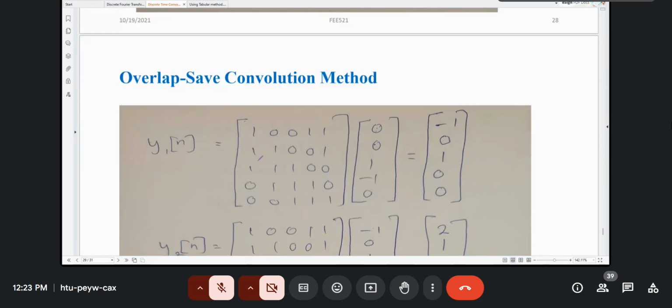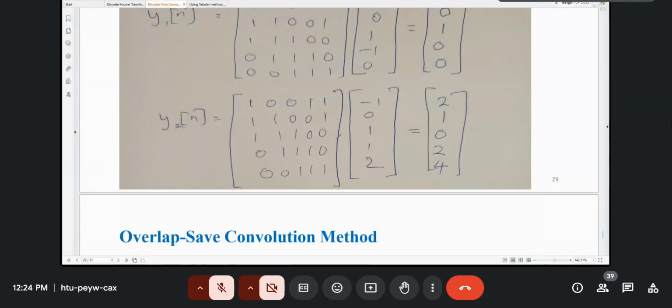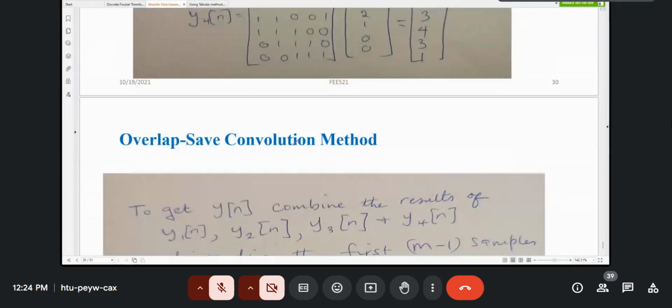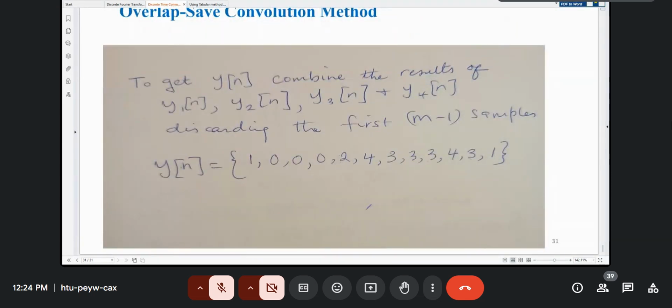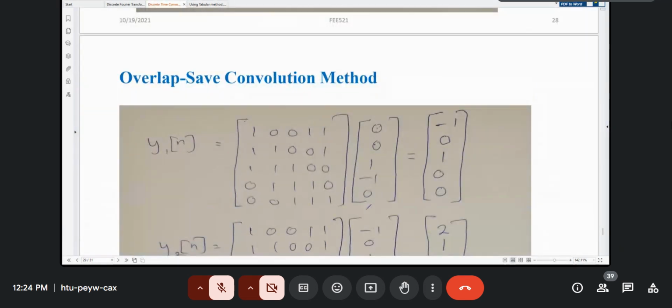So here we use the same circular convolution method. If you work it out, you're going to get the y's, and how you get your final y of n from y1 to y4 is simply discarding the first 2 samples of every sequence.